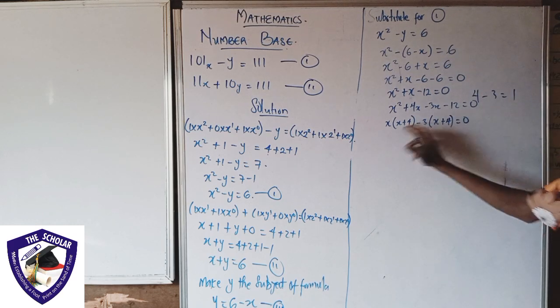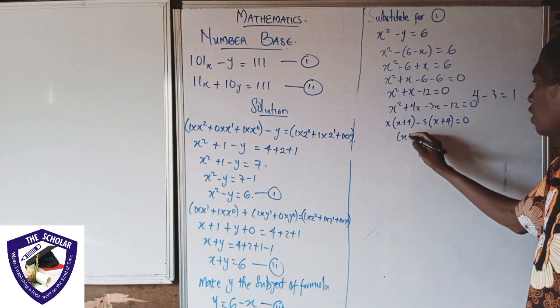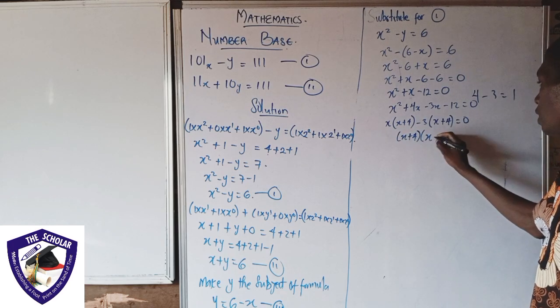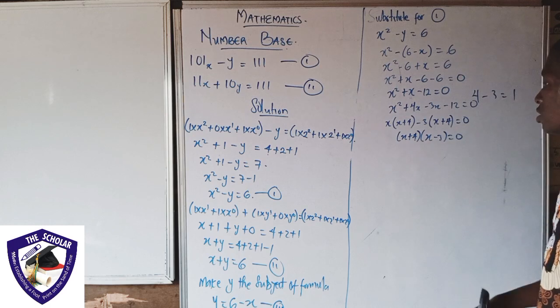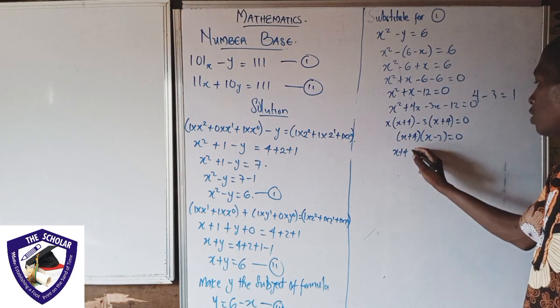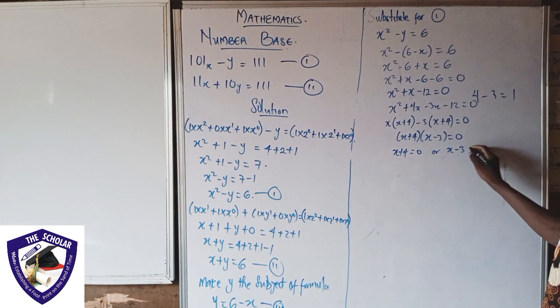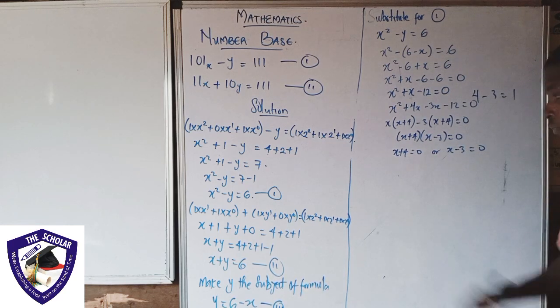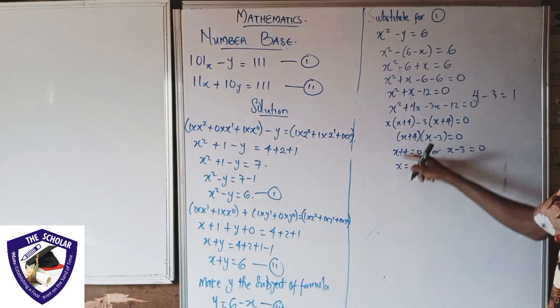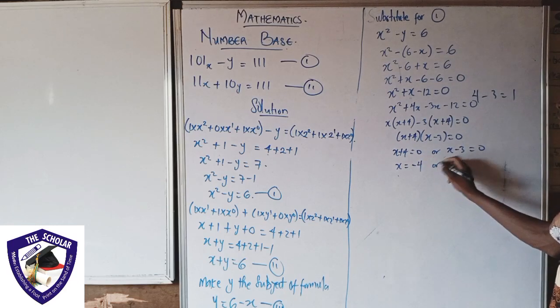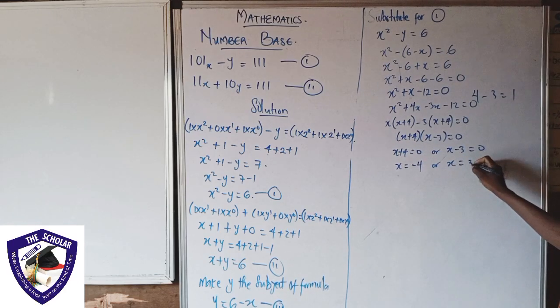So I pick out the one that is common: x plus 4 times x minus 3 equals 0. So x plus 4 equals 0, or x minus 3 equals 0, so that x here will be minus 4, or x here will be 3.